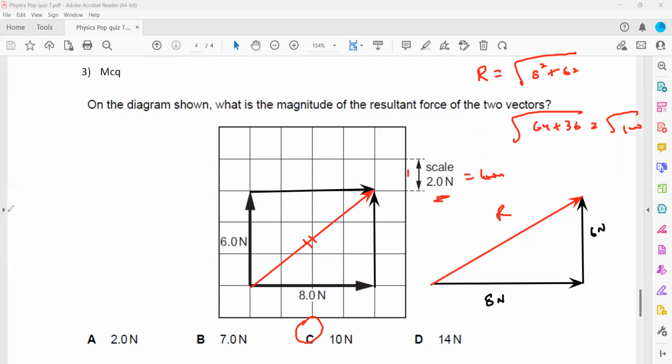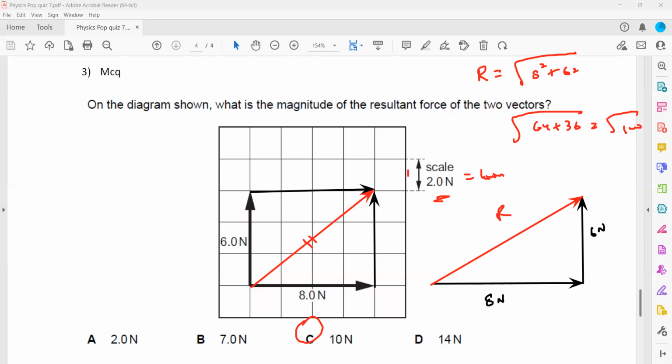For the calculation method, when two vectors are perpendicular, we can consider them as two sides of a triangle. After that, hypotenuse squared equals base squared plus perpendicular squared, and we get the result.